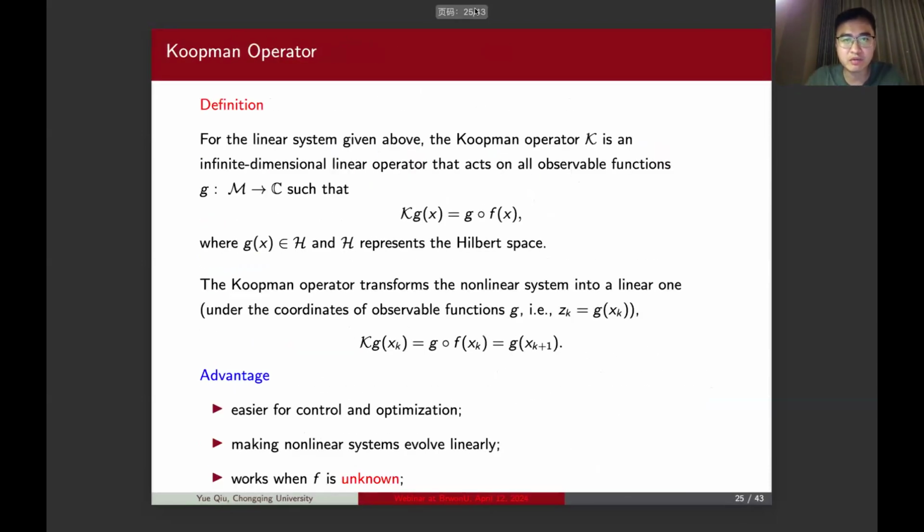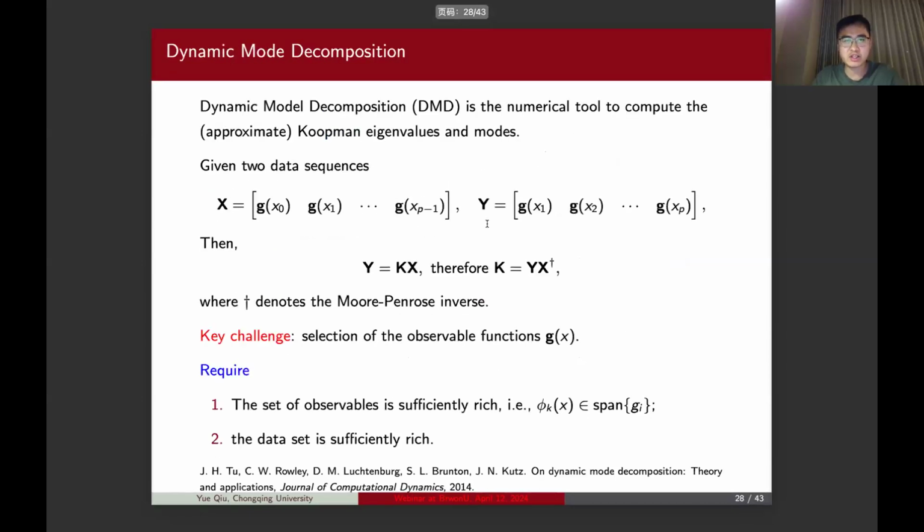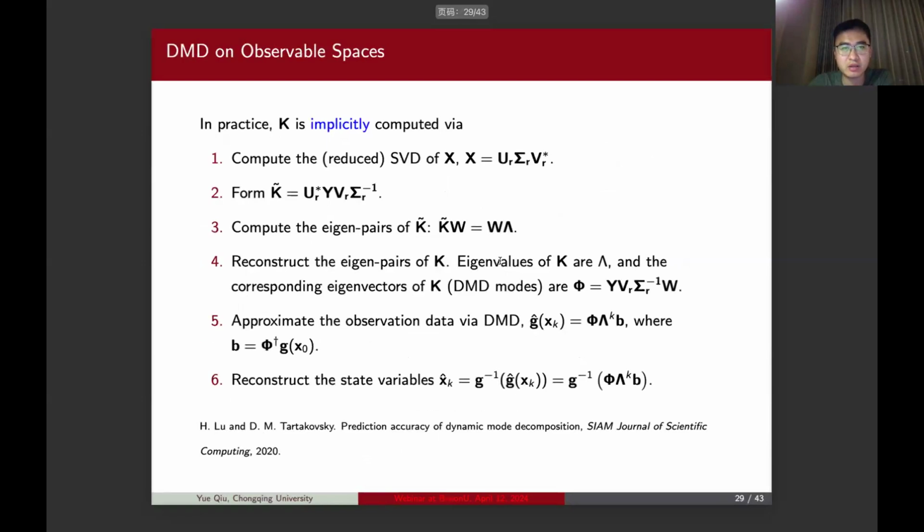for these DMD settings, in theory the Koopman operator should be infinite dimensional, and for the real computations we make it finite dimensional, and then we compute the Koopman matrix here. For the real computations we use the singular value decomposition of this matrix, and this matrix X is composed of the observed data.